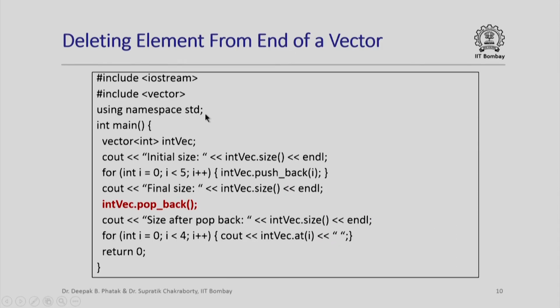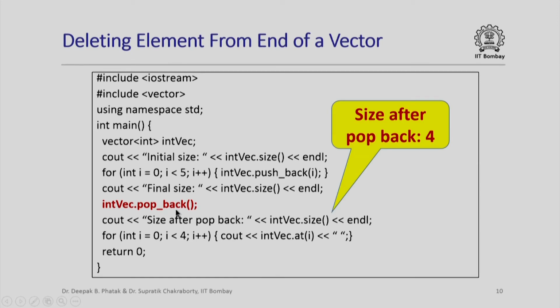I could also delete an element from the end of a vector, and the function to do that is called pop_back. So here this is the same code that I had originally. The initial size of intvec is 0, I pushed in 5 elements, so the final size is 5, and then I pop back one element. So the size after pop_back is going to be 1 less, because this pop_back is going to delete the last element of the vector.